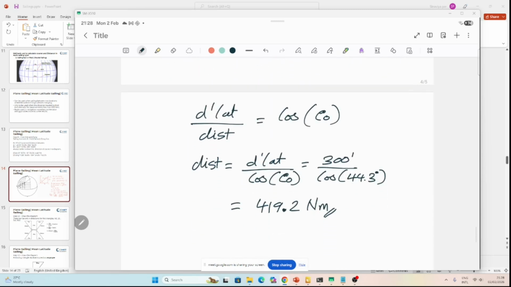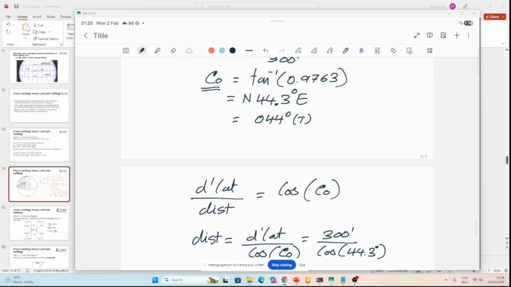Okay, so next one, if you're writing a course, make sure that you write your quadrantal course with 1 decimal place and your three digit course, no decimal place, no decimal.